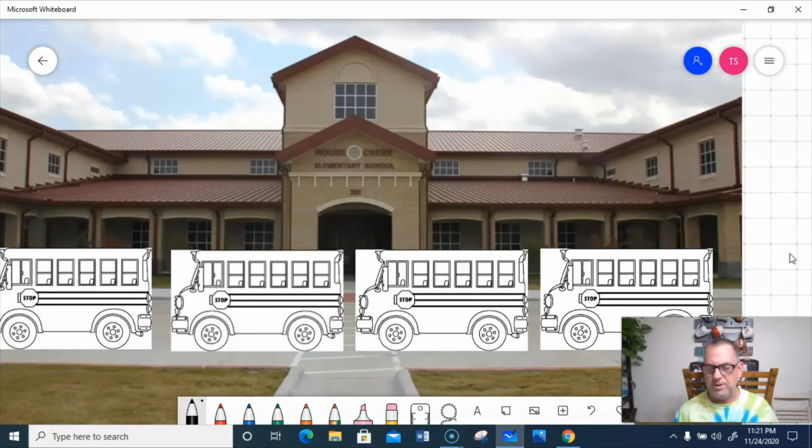And since 96 is a pretty large number, we already said that 4 times 10 is 40, so I'm going to start putting 10 students on each bus, and I'm going to make X's for the 10s, because the X is 10 in Roman numerals.